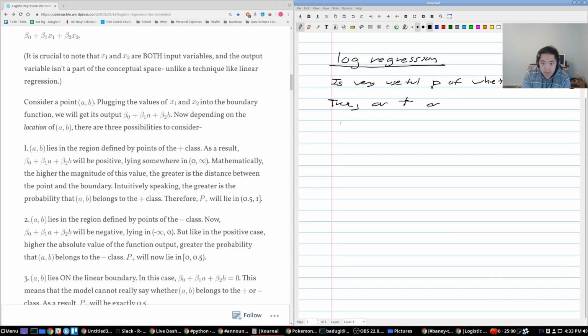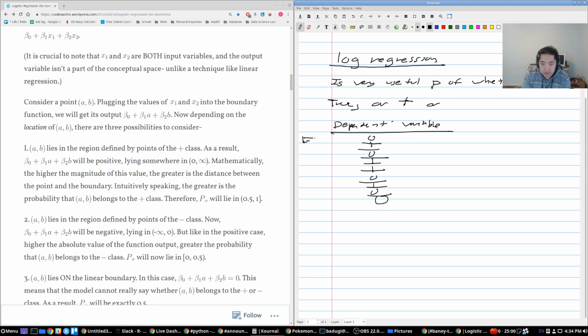So if the dependent variable consists of 0s and 1s, like if we had all these data points and the outcome has 0s and 1s, it would try to find the probability.